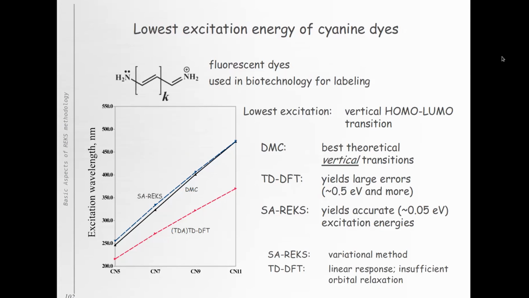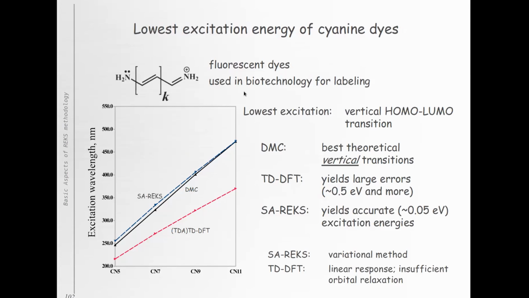Right, and the last example of, let's say, application of REKS to some model systems is excitation energies of cyanine dyes. So these are pi-conjugated molecules. The two amino groups can be separated by a varying number of double bonds.